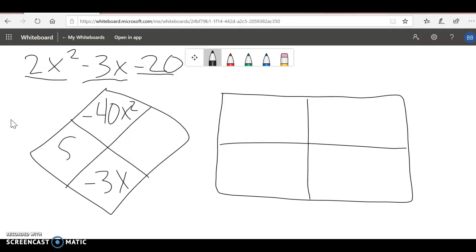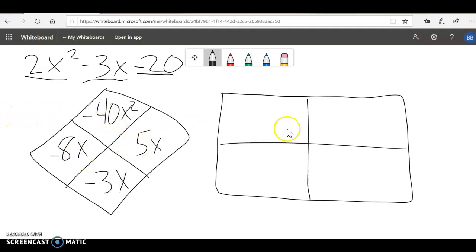And I think, oh okay, 8 and 5 could work because 8 and 5 could somehow get me a negative 3. So I just have to figure out which of these needs to be negative, because I only need one of them to be negative to make negative 40. I'm going to go with the larger number to be negative. I'm going to make the negative 8 there, so that negative 8 plus 5 is negative 3, and negative 8 times 5 is negative 40.